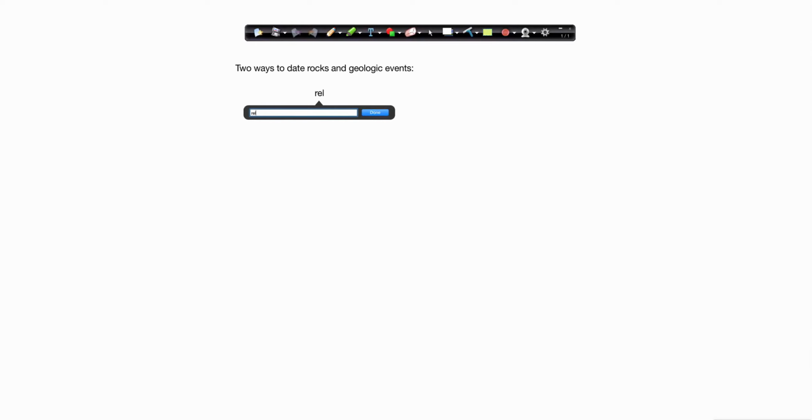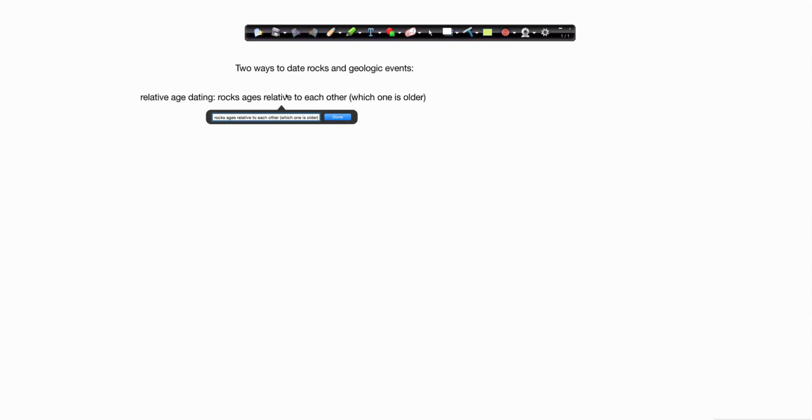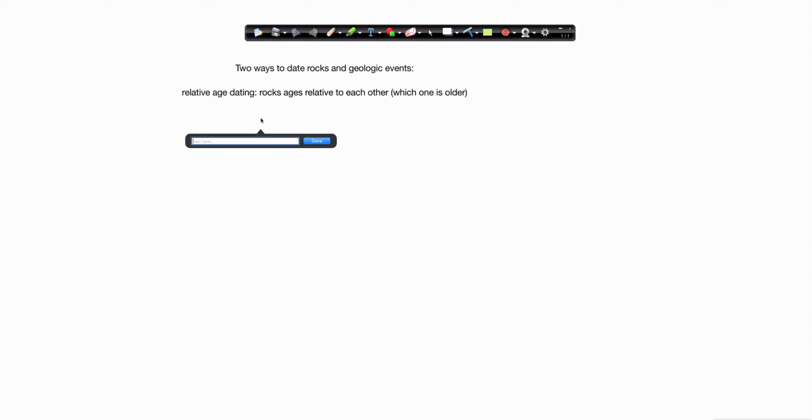Relative age dating, rock ages relative to each other, which one is older. And then the second one is radiometric or numerical age dating.